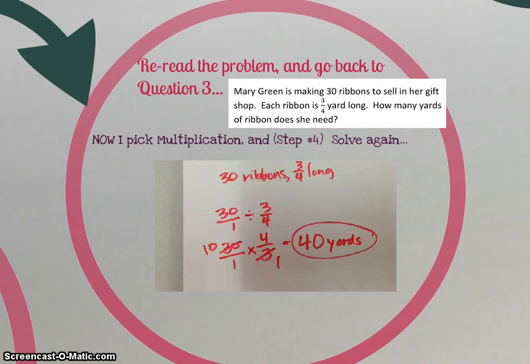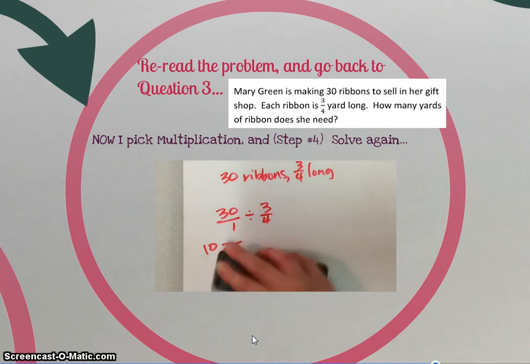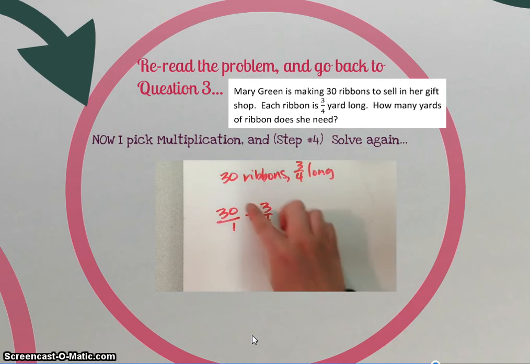Because remember, when I was going through it the first time, I was saying to myself, well, it could be multiplication, it could be division. So I picked division. That doesn't seem right. Now I'm going to pick multiplication, and I'm going to go to step 4 and solve again. Okay, so here I'm going to erase all of this work, because that's a totally okay thing to do, right? We're going to come back here.